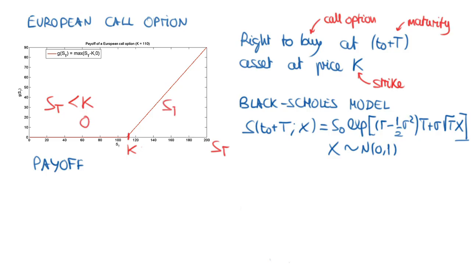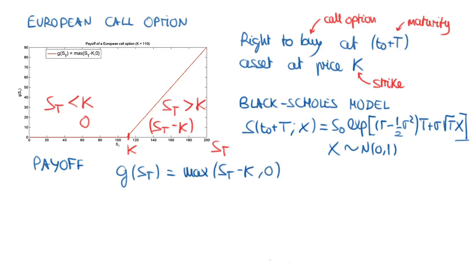If the price of the asset at maturity is larger than K, then we will exercise the right to buy the asset at price K and then immediately sell it at the market price ST, realizing a benefit ST minus K. As a function of the price of the underlying asset at maturity, the payoff is equal to the maximum between ST minus K and 0.